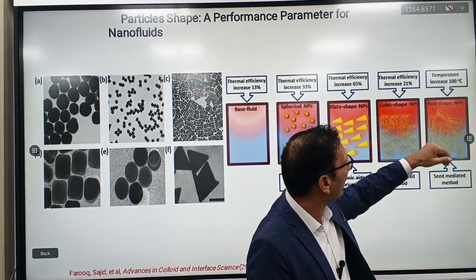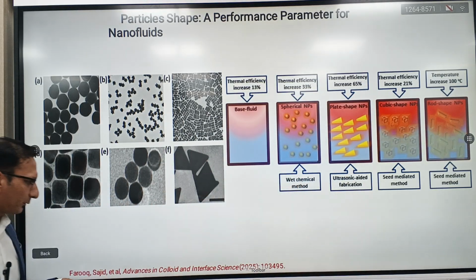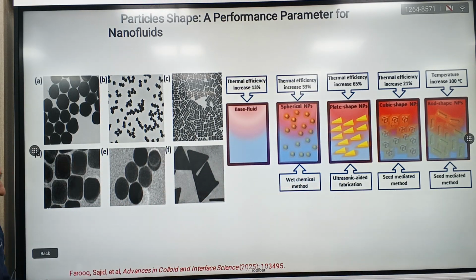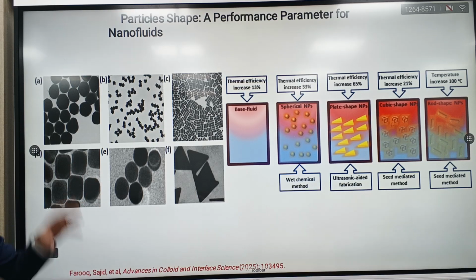If we have nanorods, we can increase to 100%. This is a review that I published this year, in a journal with an impact factor of 20. If anybody wants to do research in this field, they must read it, because it has everything. We followed all the review papers, found their defects and missing parts, and then included everything there.